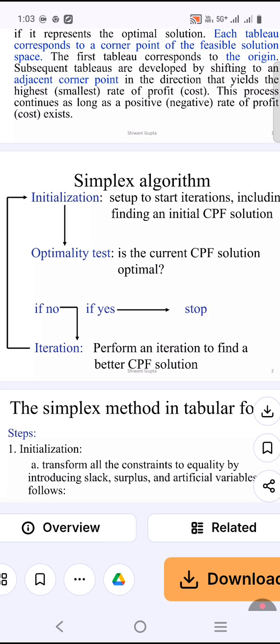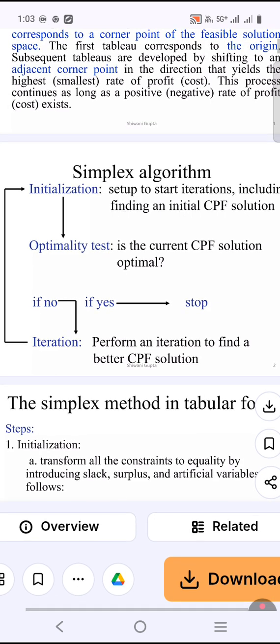Then we apply the optimality test: is the current basic feasible solution optimal or not? If yes, then stop. If no, then perform the next iteration to find a better basic feasible solution.